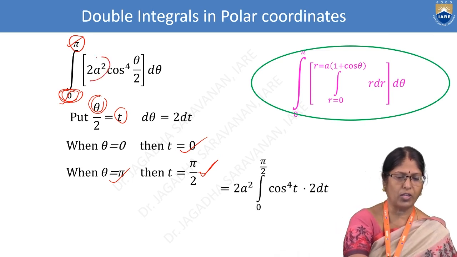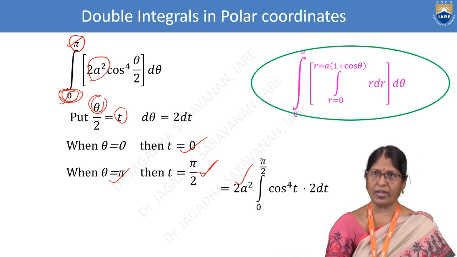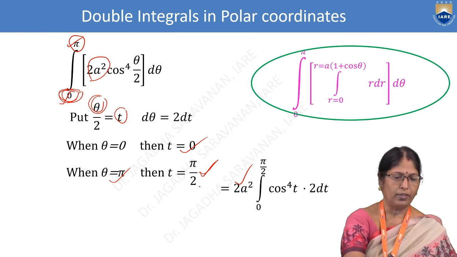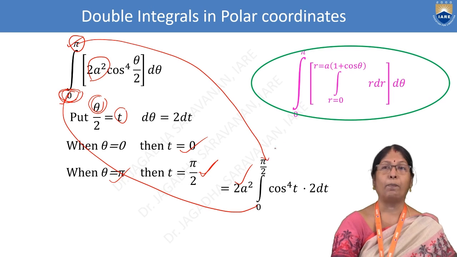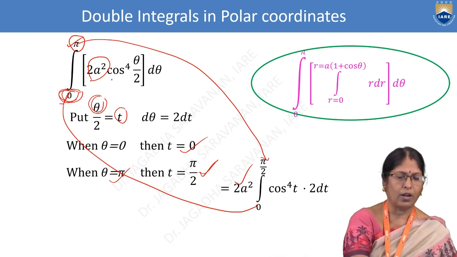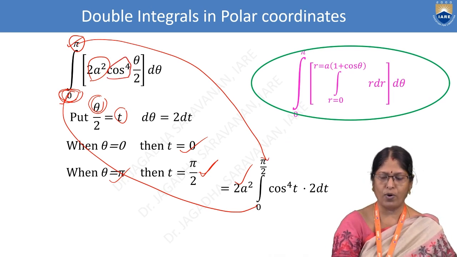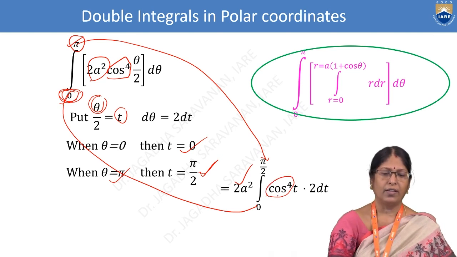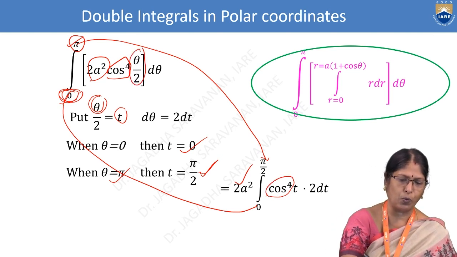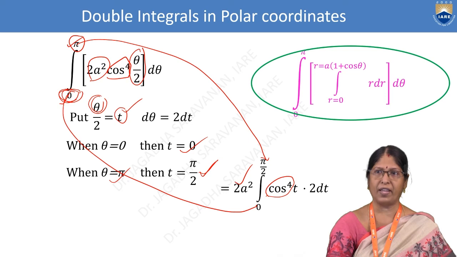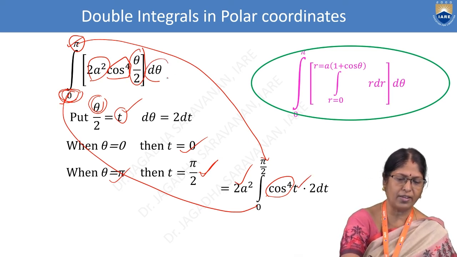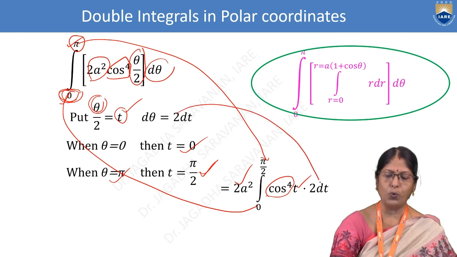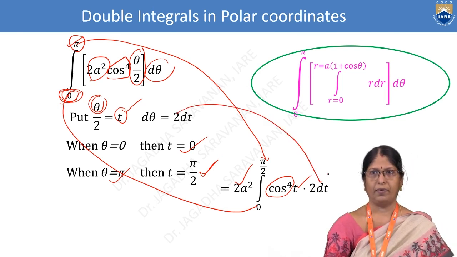So this 2a square we have written before the integral, 0 as it is, but pi has become pi by 2. Cos square power 4 is written as it is. This theta by 2 we assumed as t, and d theta is nothing but 2 dt.